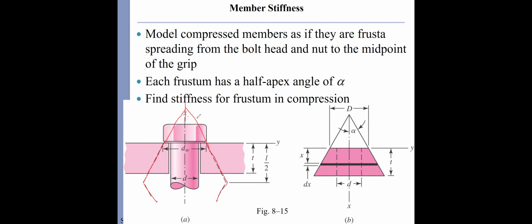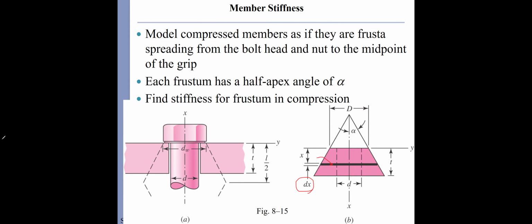This is alpha, the half apex angle here. From this triangle, we can just move it to here. If we separate this triangle into a small element with thickness dx, this is the small element thickness dx in this dark region.